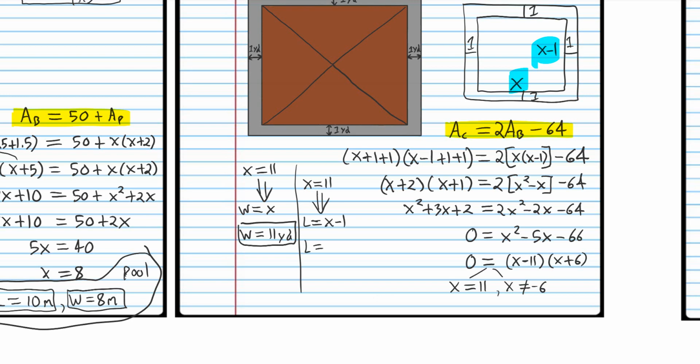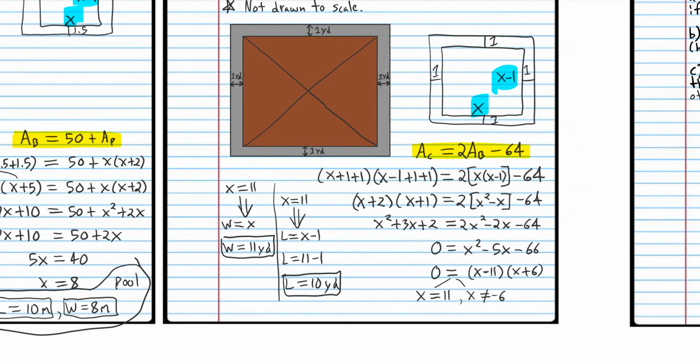So we just plug in 11 and we get 10 yards. So the width of the house is 11 yards and the length is 10 yards. That makes sense because the length should be one less than the width.